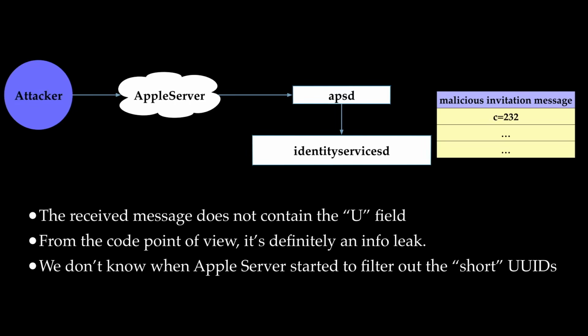There's no UUID in the dictionary. So apparently the Apple server filters out the UUIDs. We don't know whether Apple does that on purpose or not. Anyway, it blocks the info leak. And also we don't know when the Apple server started to filter out the invalid UUIDs. Okay, so that's a potential info leak.